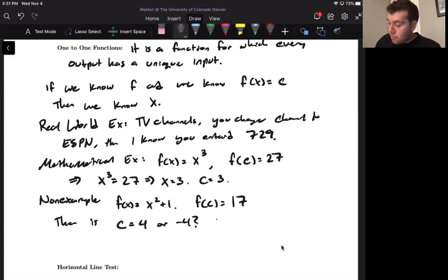And we don't know. So therefore, we cannot determine what c is. Therefore, this is not a one-to-one function. So for the output 17, it has 2 inputs instead of a unique input.